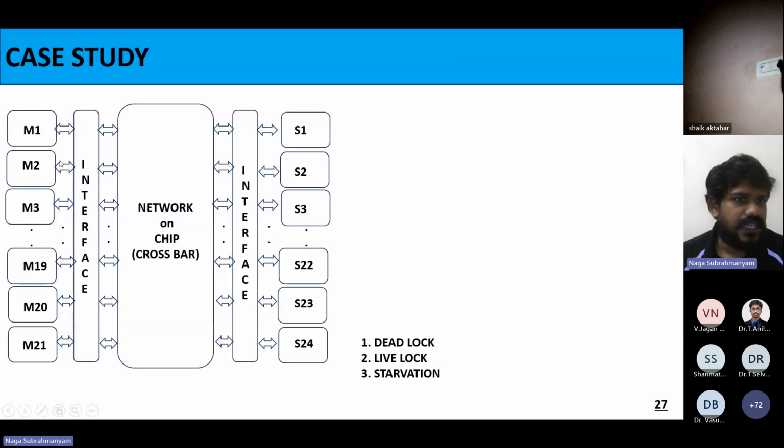Now suppose M2 is putting data to S3, where S3 will be in some address range. The NoC should have that intelligence. M2 is putting data to S3, it has to go to S3. Suppose it is going to some other subordinate, then what is the situation? That is wrong, right?